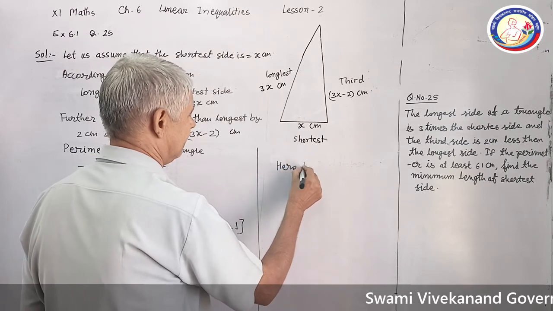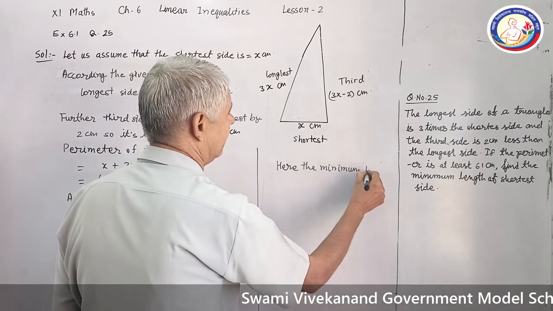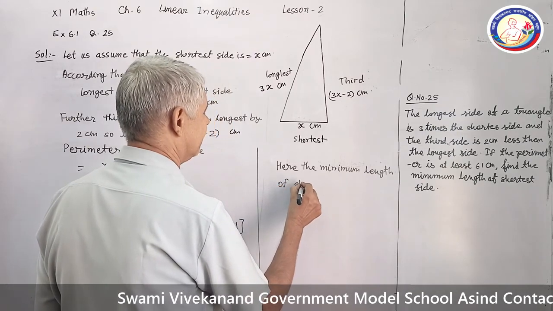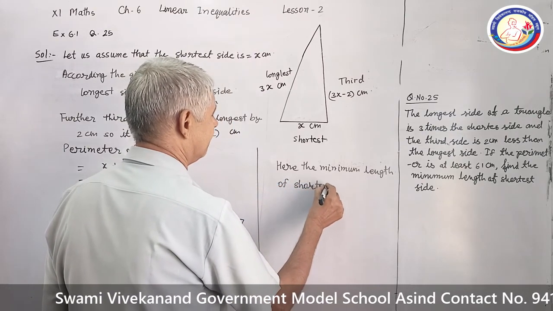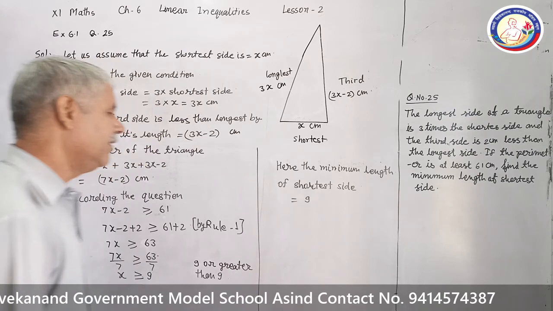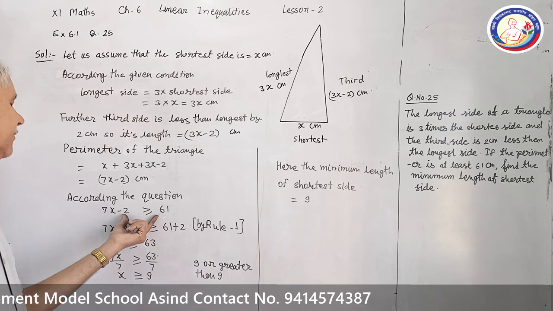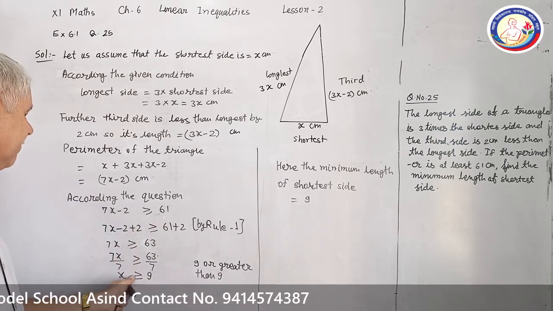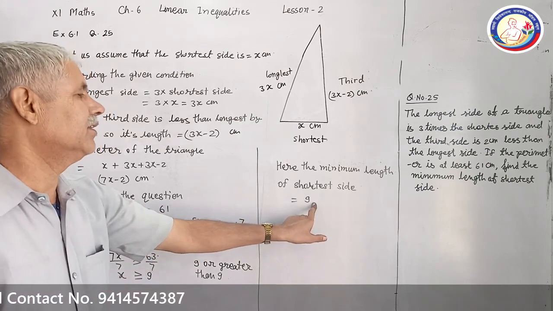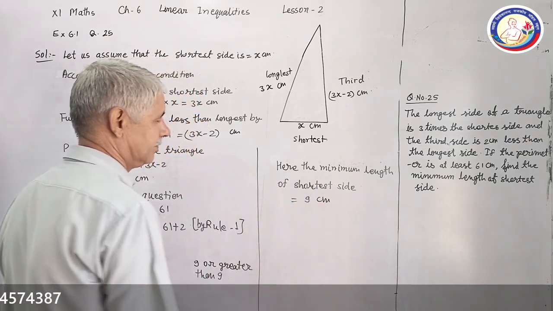Here the minimum length of the shortest side will be 9 because 9 or above 9 values are solutions of this inequality. So there are several solutions of this, but this is the required answer, 9 centimeters. That's all.